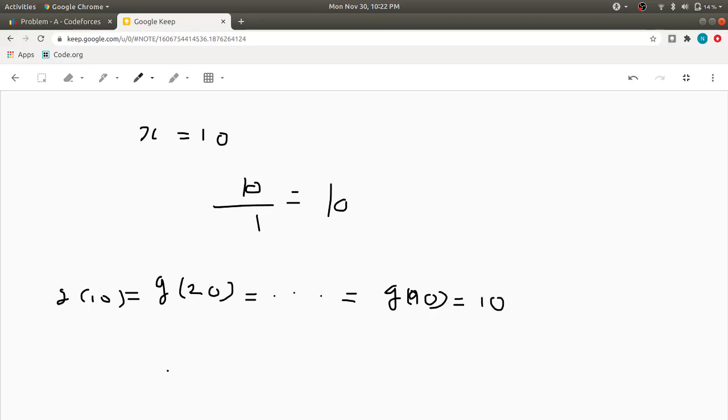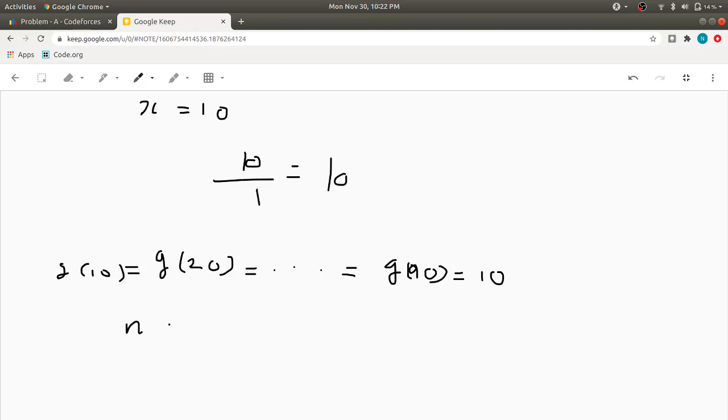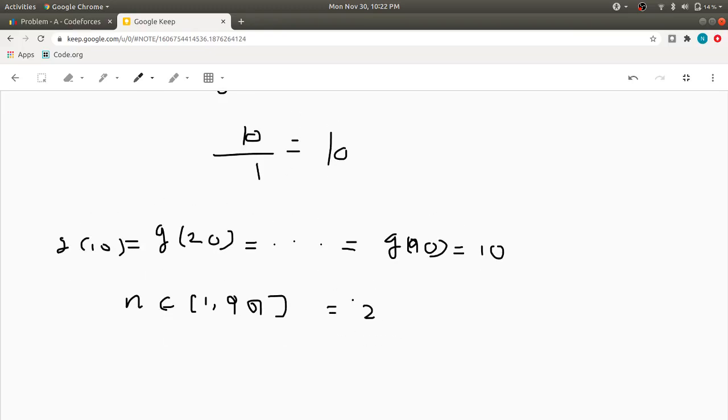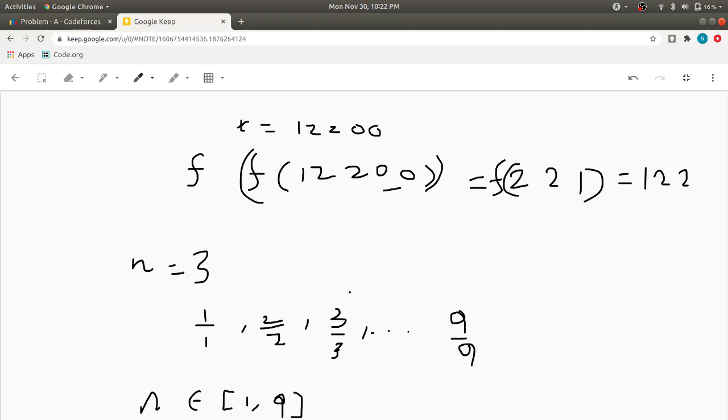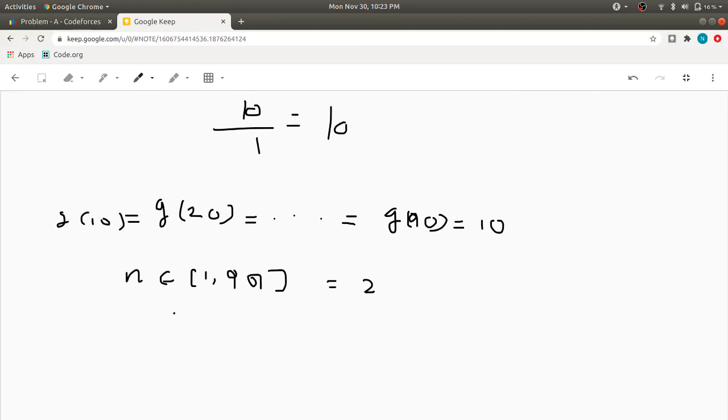So what we can say is, for n ranging between 1 to 99, our answer will be 2. For n between 1 to 9 we get answer 1, and for n from 1 to 99 we get answer 2. Now for n value 100, we are going to get answer 3.